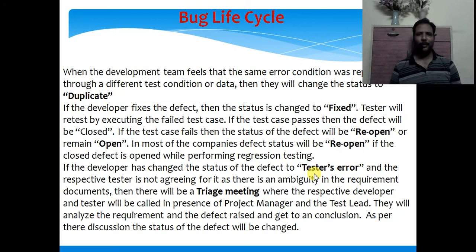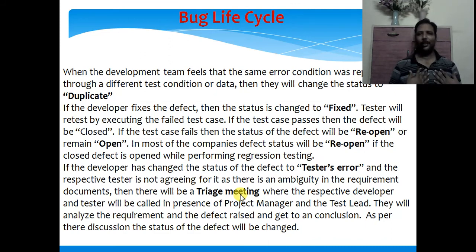So what happens if the test lead checks the document and, as per the test lead, the tester is correct, and as per the development lead, the developer is correct? At that time a meeting called a triage meeting will be conducted, where the development lead and the testing lead will come.